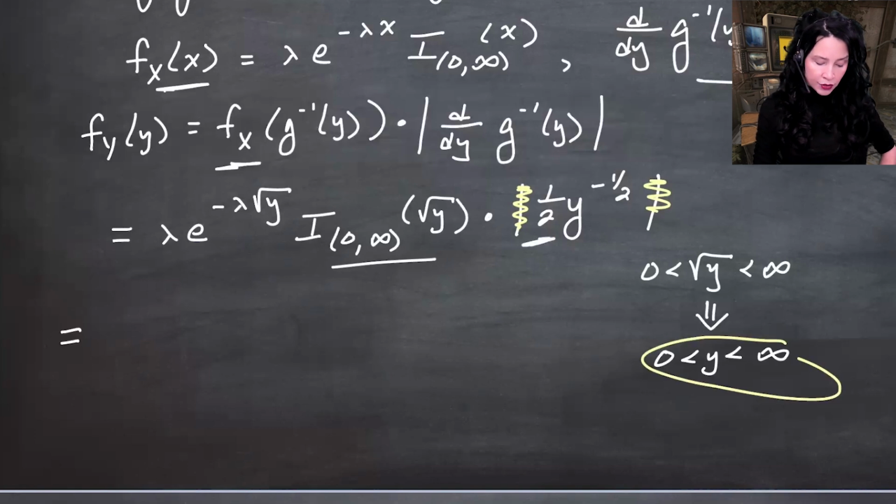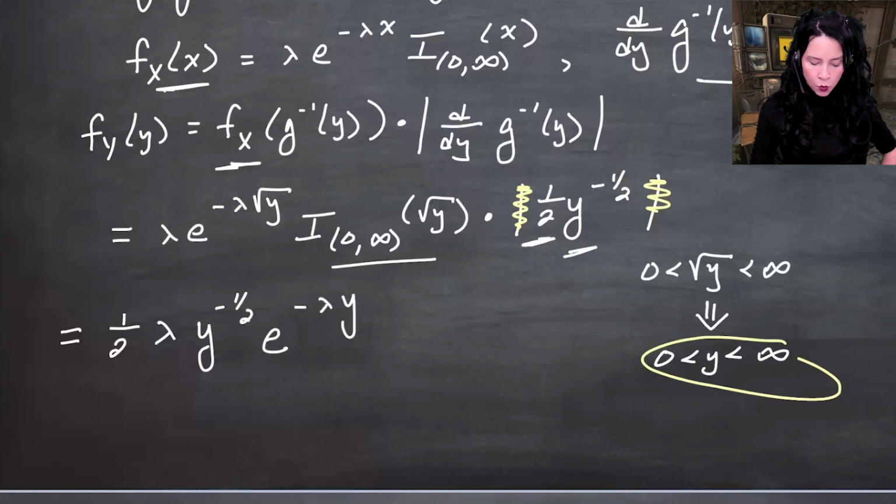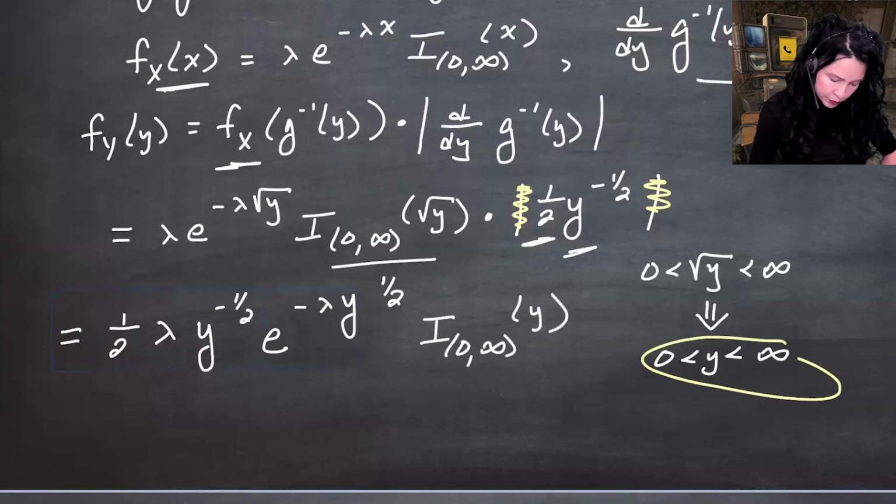I've got this 1/2, so I'm going to just stick that here. 1/2 lambda, and then I'm going to put this y part here, y to the minus 1/2, e to the negative lambda, y to the positive 1/2. And then an indicator, 0 to infinity of y. Just move this down a little bit.